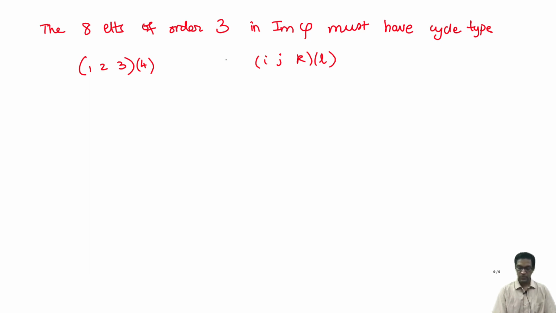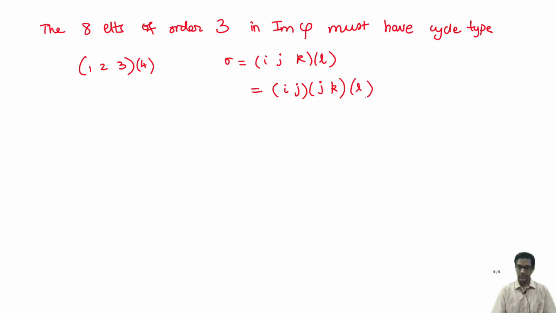Okay. Now the key point is, suppose I take an element of this form, this can be written as the product of the following transpositions. So let me get the order right. This is the product of the transpositions (I J) and (J K).